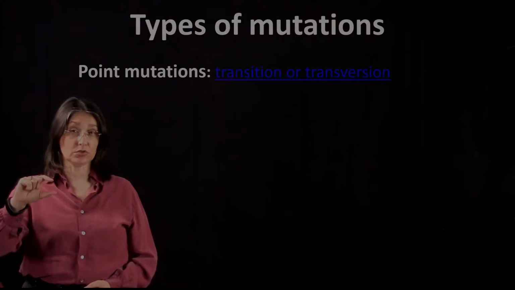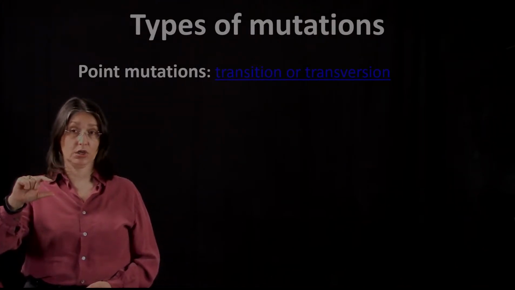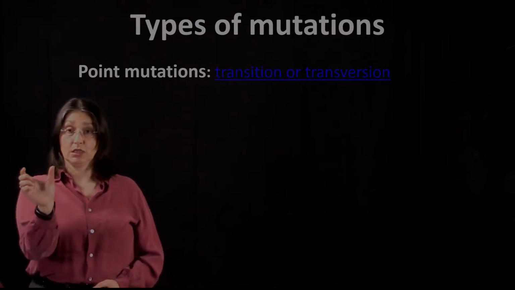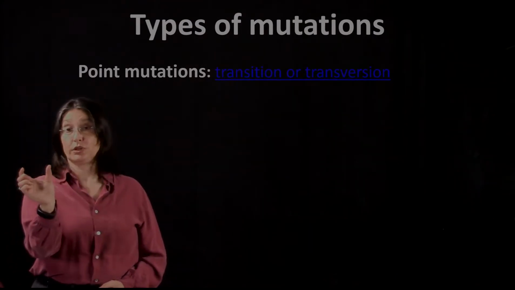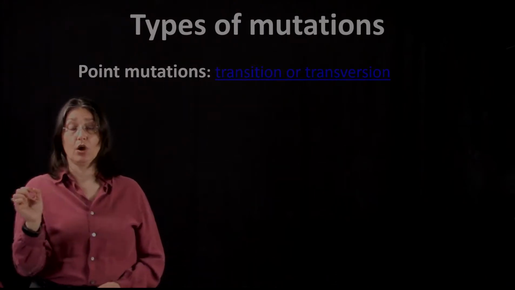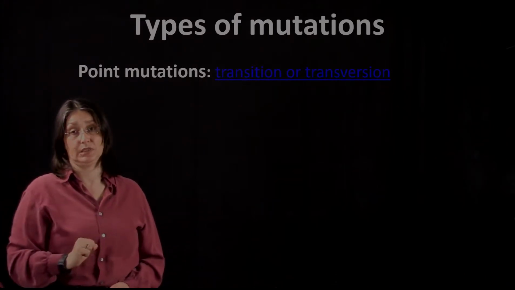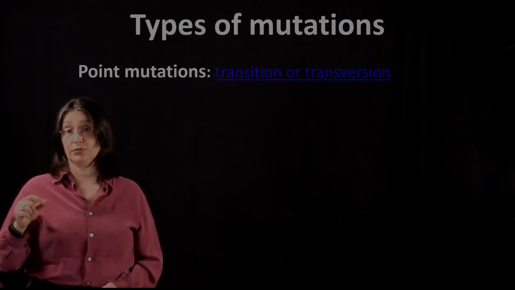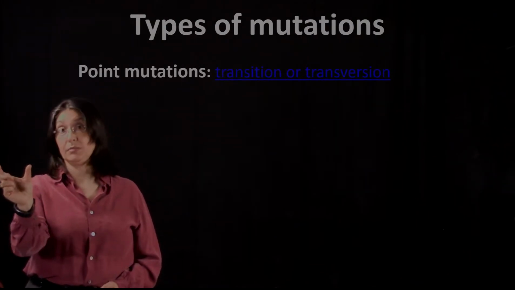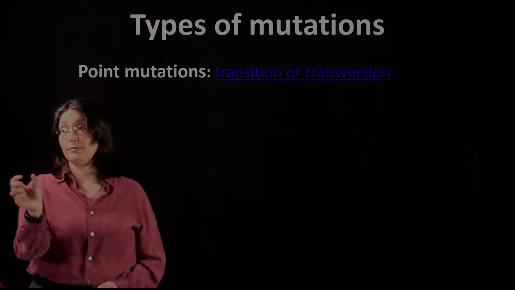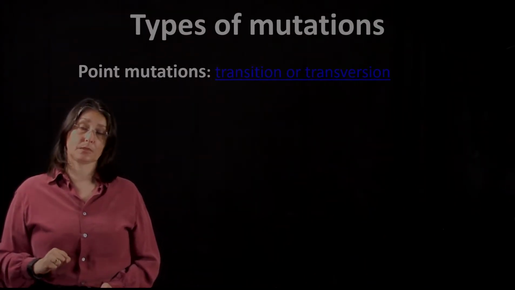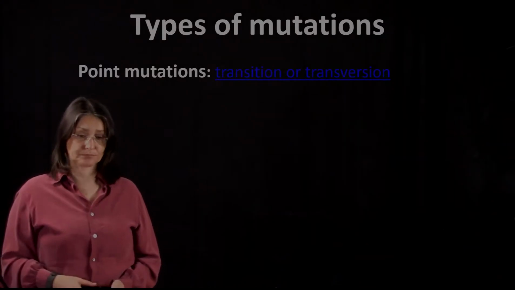If those two nucleotides that changed are the same size, so it's a purine to a purine, or a pyrimidine to a pyrimidine, we call that transition. And if it is from a pyrimidine to a purine, so from A to C, let's say, or from A to T, we call that a transversion.